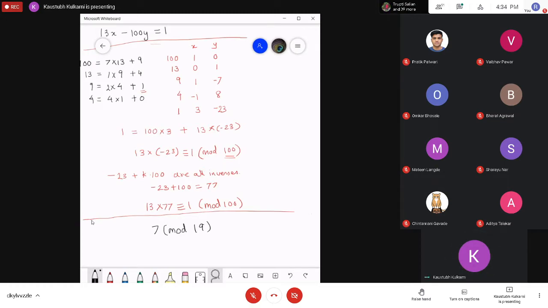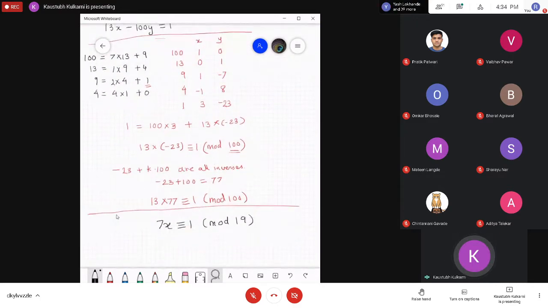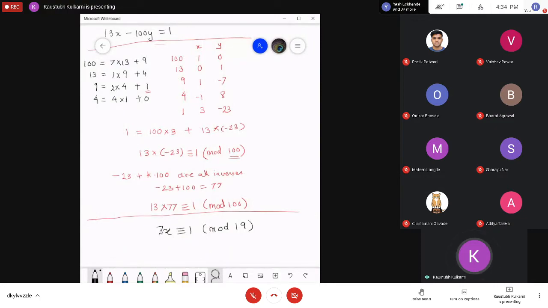So we want to find 7x congruent to 1 mod 19. Now I won't write any equation. We'll just start with the algorithm. The two numbers are 7 and 19.